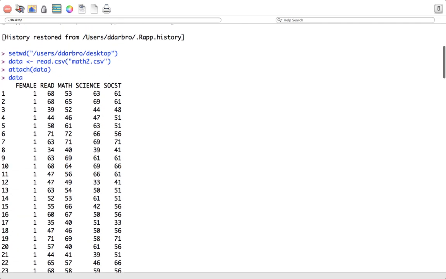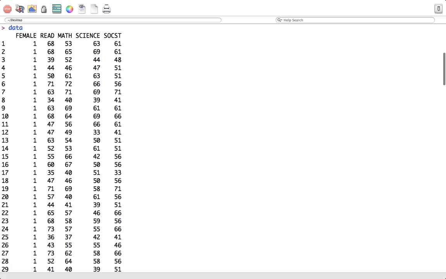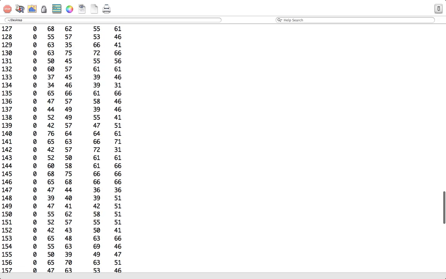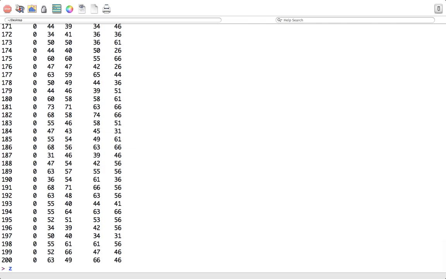And all we'd have to do is just create some new variables. So I could create zread. By doing what? Well, I would take 1 divided by the square root of 199.